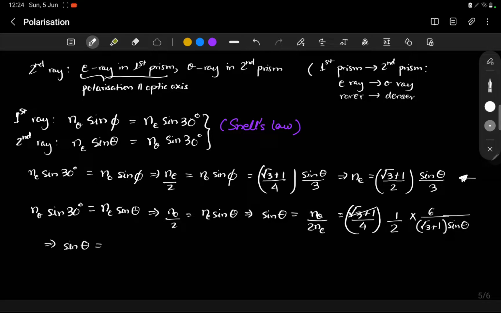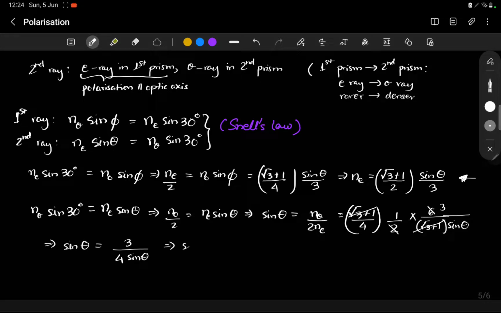So this gives us sine theta is, let us simplify some of these terms. Root 3 plus 1 cancels out. This 2 cancels with this 6 to give 3. So sine theta is 3 divided by 4 sine theta.